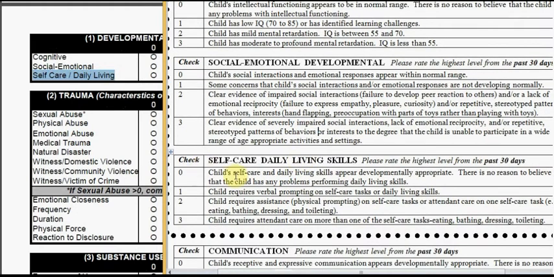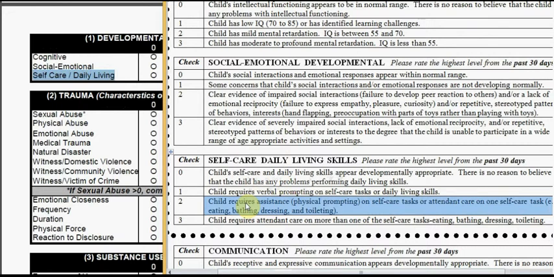Self-care daily living. In 0, the child's self-care and daily living skills appear developmentally appropriate. There's no reason to believe that the child has any problems performing daily living skills. In 1, the child requires verbal prompting on self-care tasks or daily living skills, like, did you remember to, or let's now, etc. In 2, the child requires assistance like physical prompting, handing the toothbrush to the child, on self-care tasks or attendant care.